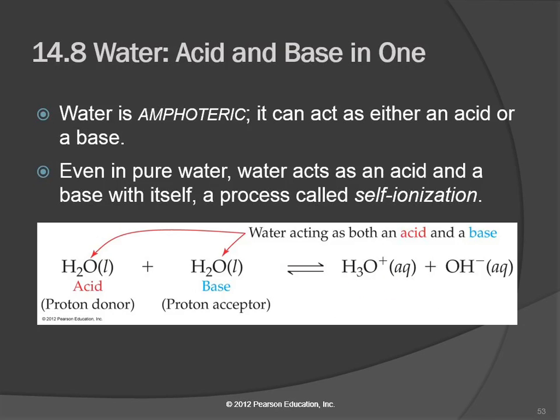Just like when you have something like, here, let me draw on here. If you've got something like sodium chloride dissolving in water, you get sodium ion and chloride ion.